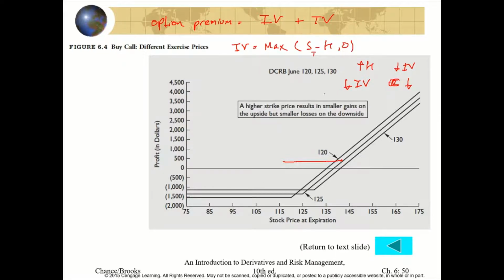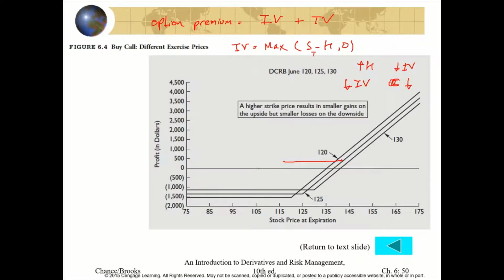Why? Because, as we said, there is a negative relationship between the strike price and the intrinsic value and the option premium. So the option with the strike price 120 has a premium higher than the option with a strike price 130. This fact makes us lose more if the options were out of the money.